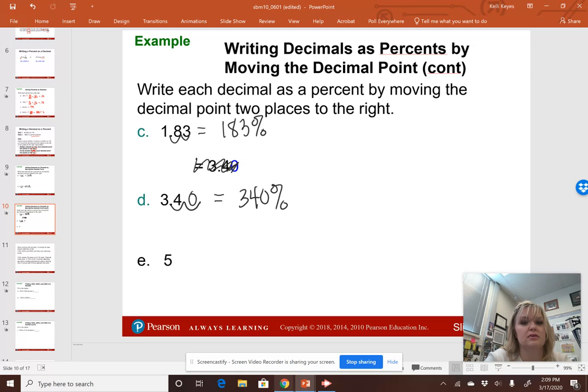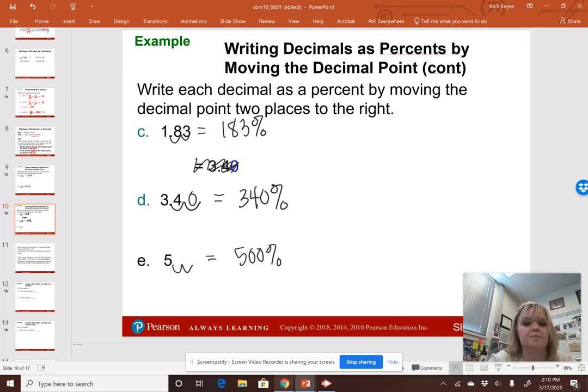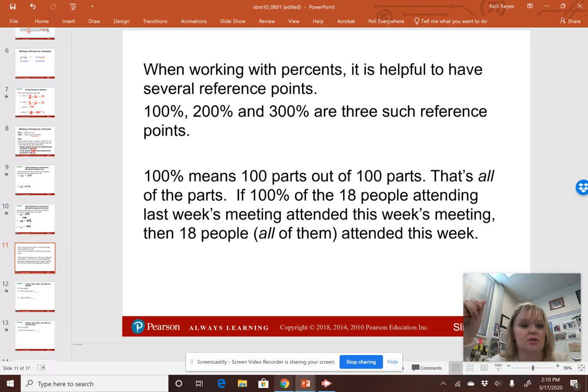And then this 5, if you think of 5 as having the decimal after the ones place, just right behind it. If we multiply by 100, that just means we add 2 zeros, so that'll be 500%. Okay, so that's how you go from percents to decimals or vice versa.